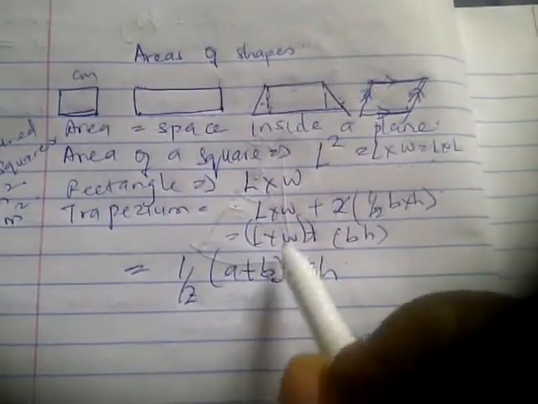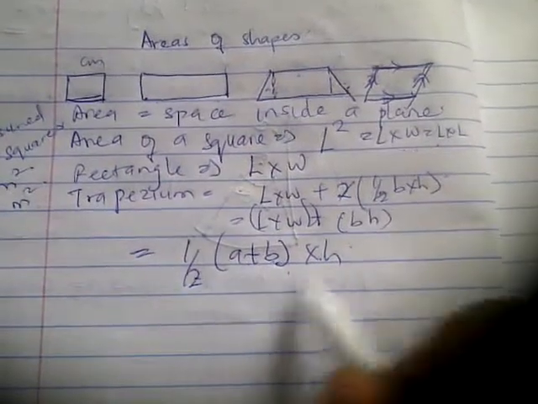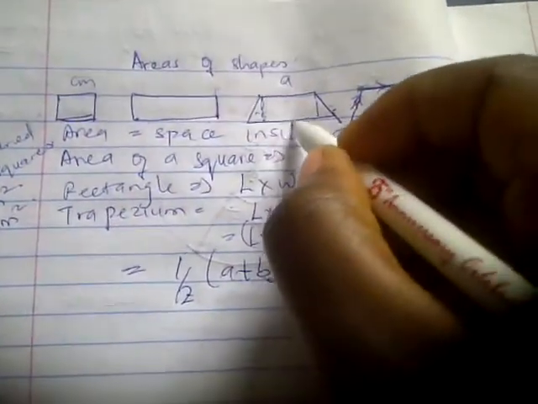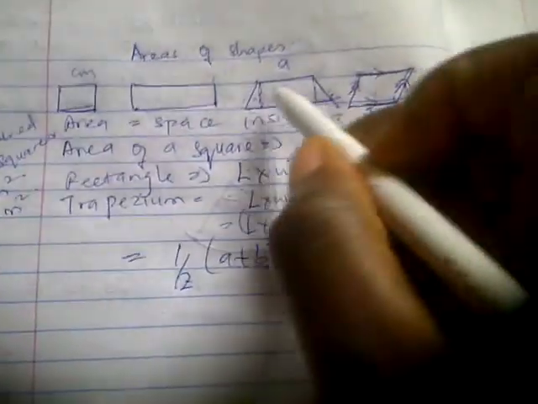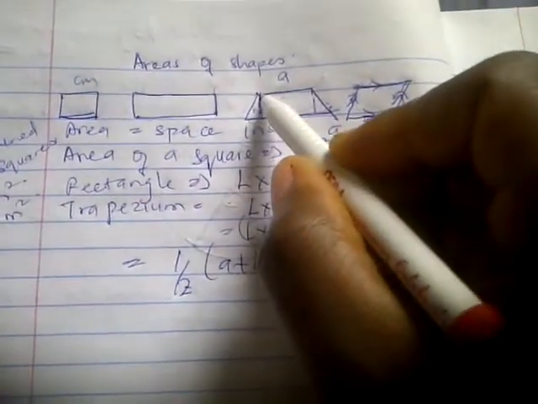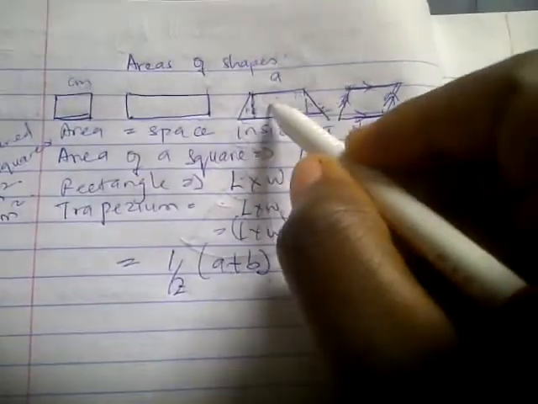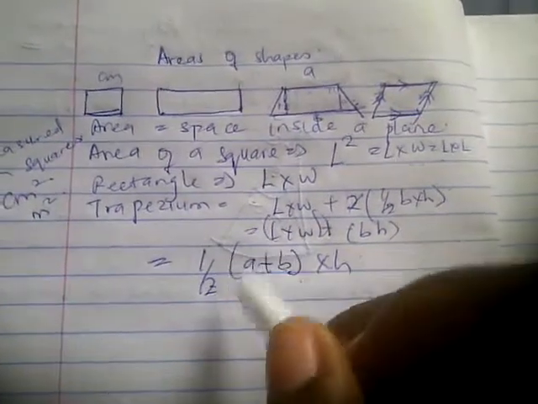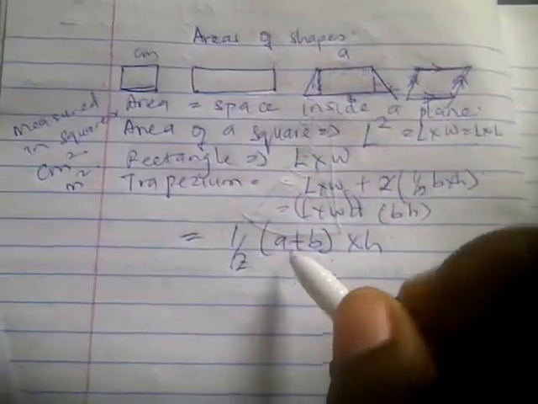So combining them together, we get this. Your b is here, everything here, and a is everything here, then your h is this. You could break it down into a rectangle and triangles, but it will really waste your time instead of picking this formula. So it's wiser to pick this formula: half (a plus b) times h.